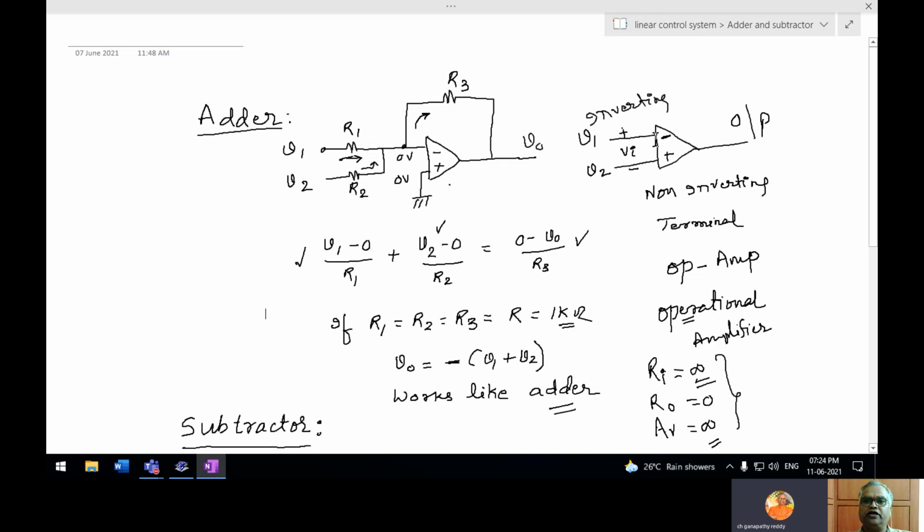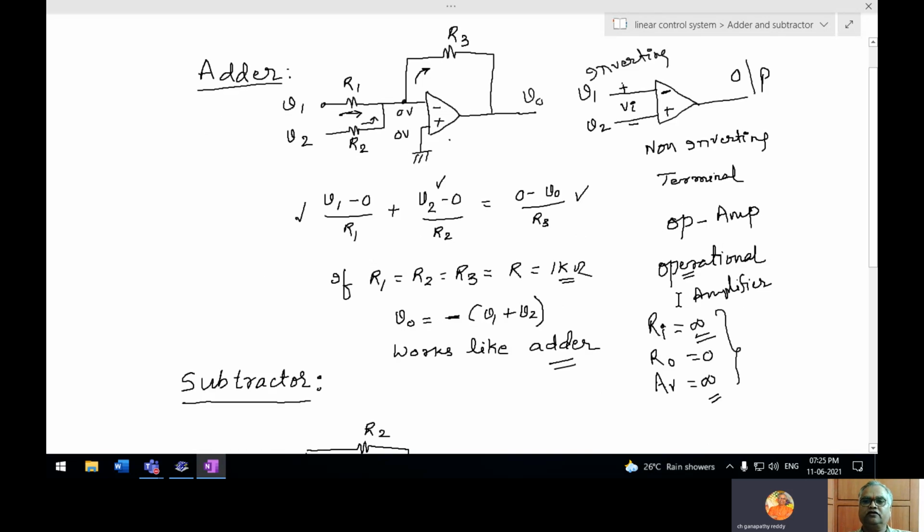The terminal which is connected to negative is called the inverting terminal. The input which is connected to positive is the non-inverting terminal. Plus is non-inverting, minus is the inverting terminal. Output has only one terminal.